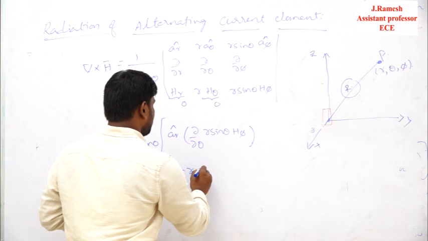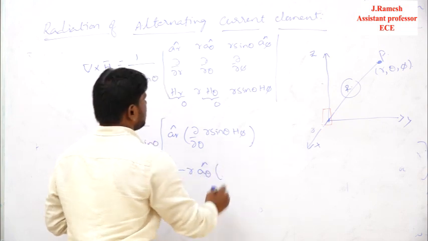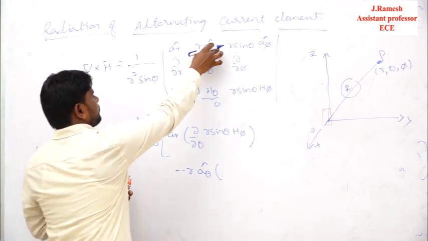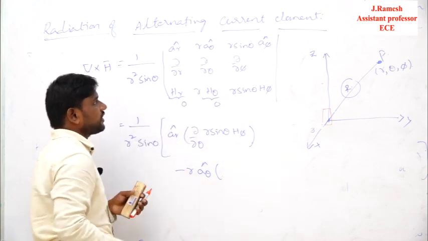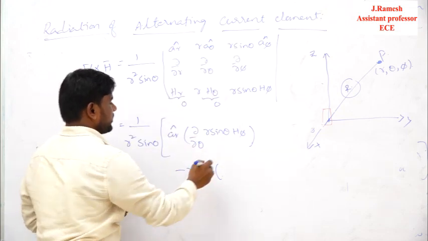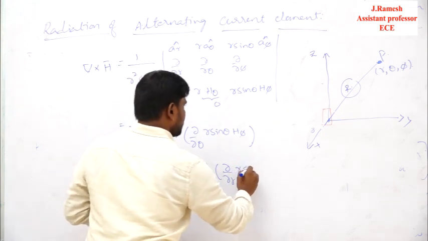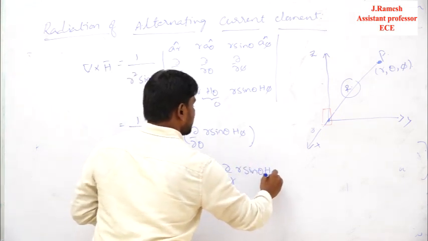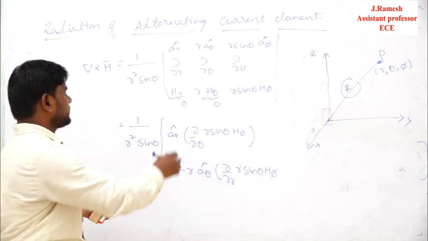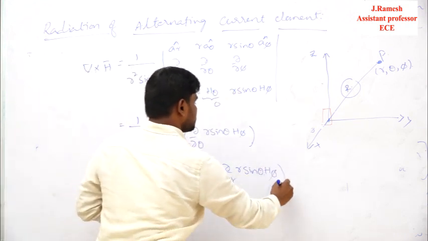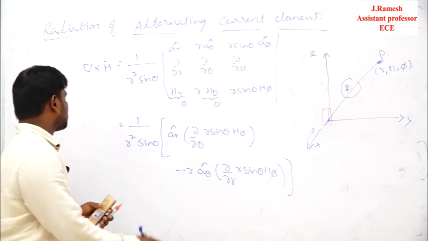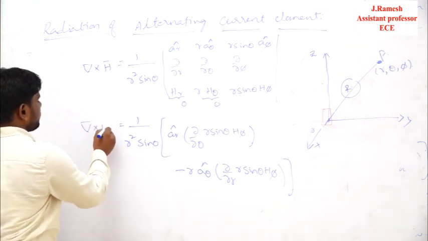Minus r into a theta cap. Whenever I am taking this term's determinant, I should leave this row and this column. So again I have to take dou by dou r into r sin theta h phi, that is AD minus BC, again the other part is not required.